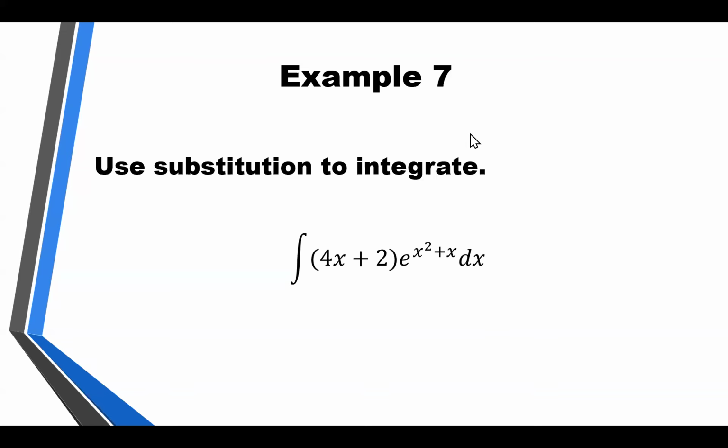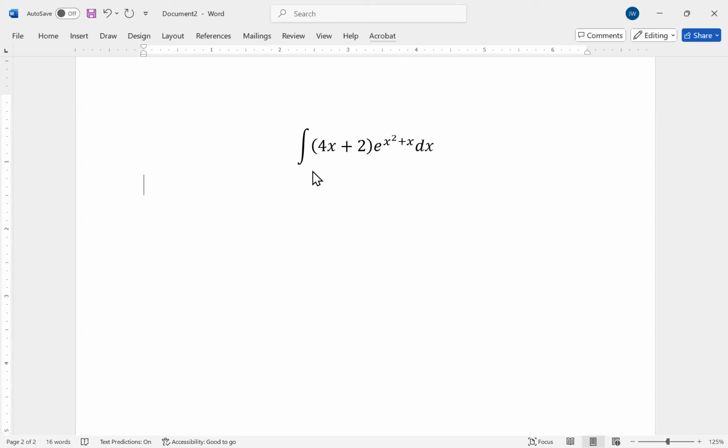Let's do this next example. If you want to try this on your own, go ahead and push pause on the video and try it on your own. Otherwise, I will just keep going and doing it. So again, we have e to a weird power times some polynomial.